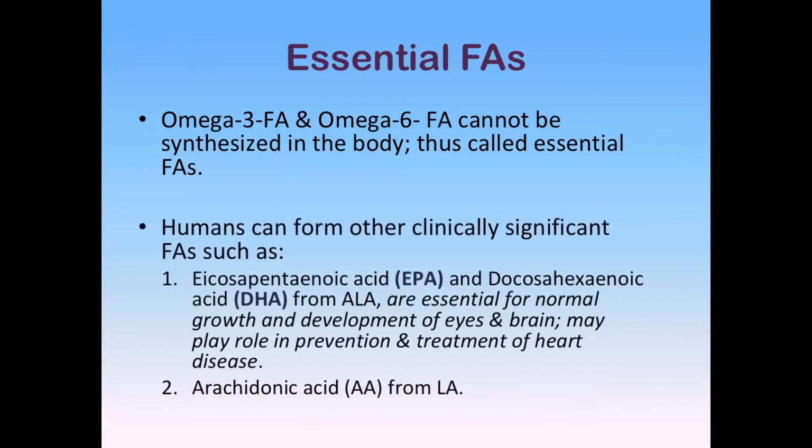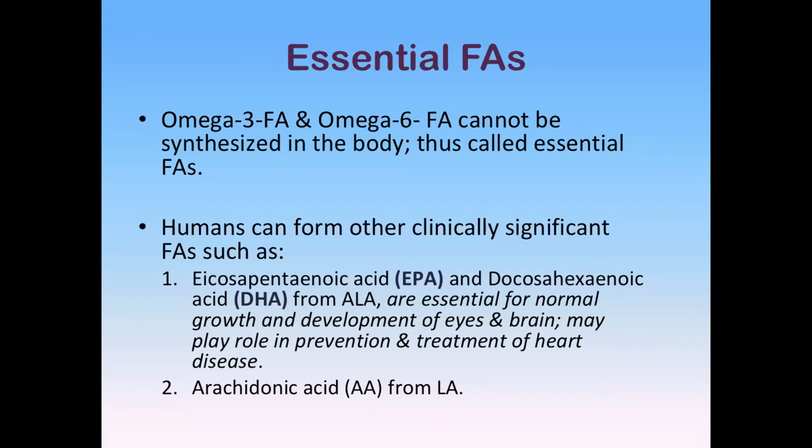Humans can form other clinically significant fatty acids, such as icosapentaenoic acid, which is EPA, and docosahexaenoic acid, which is DHA, from ALA. These two very important derivatives of the omega-3 fatty acids are made from the essential omega-3 fatty acid.